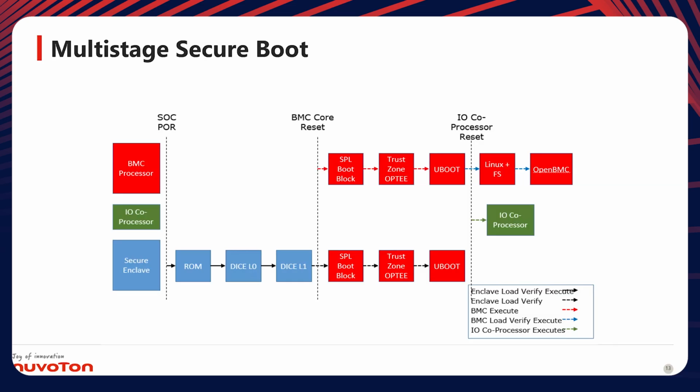The boot block is in charge of hardware configuration, including the memory controller. Once the boot block is done, we have the entire DDR available, and the root of trust continues to the next components, which are ARM trusted firmware, the monitor firmware and OP-TEE. Again, it copies and authenticates, and last is the U-boot, and the BMC starts executing.